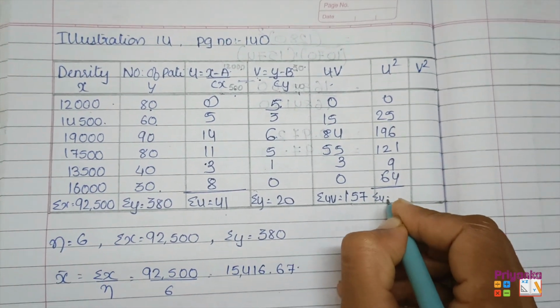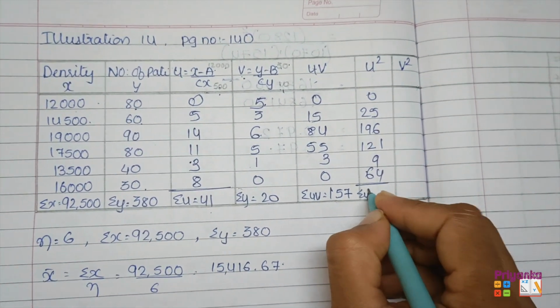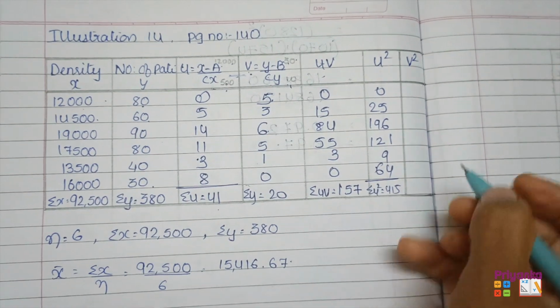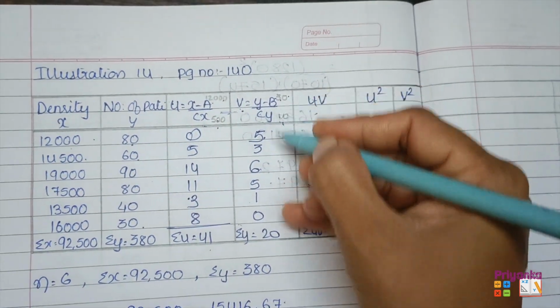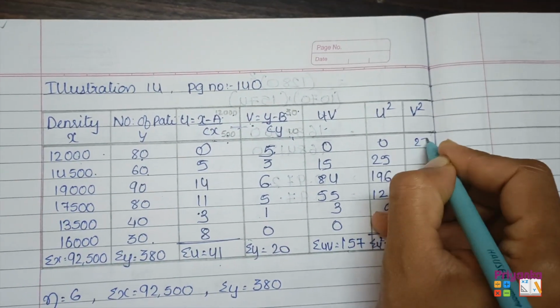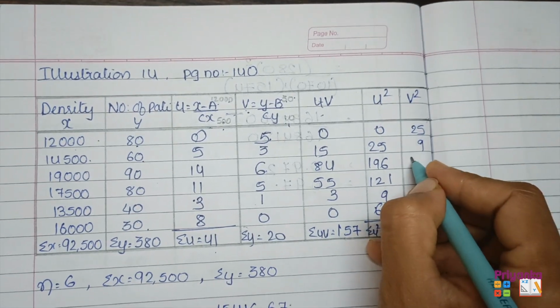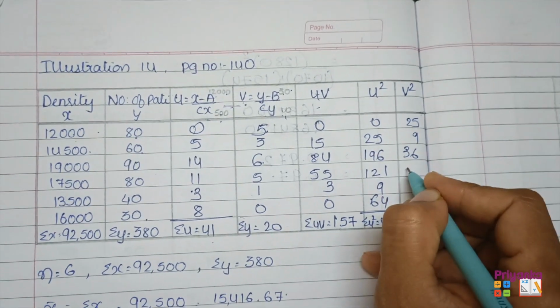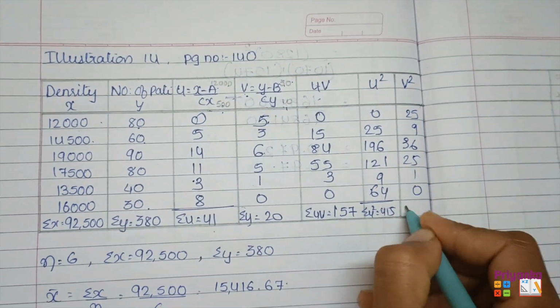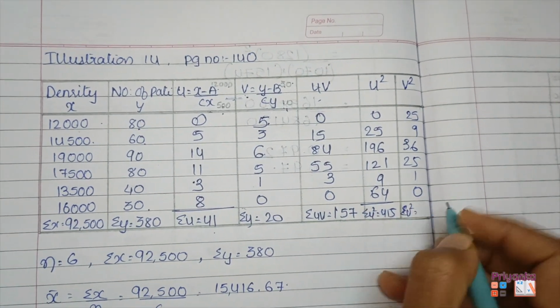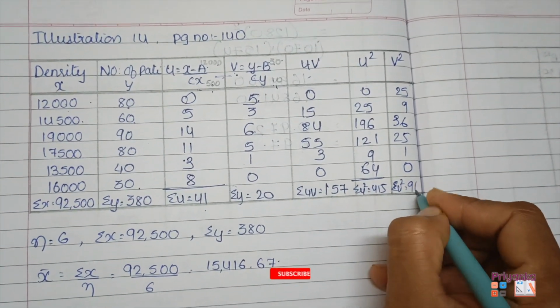So here I got the total of u square column is 415. V square column, the square of this: 5 5s are 25, 3 3s are 9, 6 6s are 36, again 25, 1 and 0, the total of sigma v square we found 96.